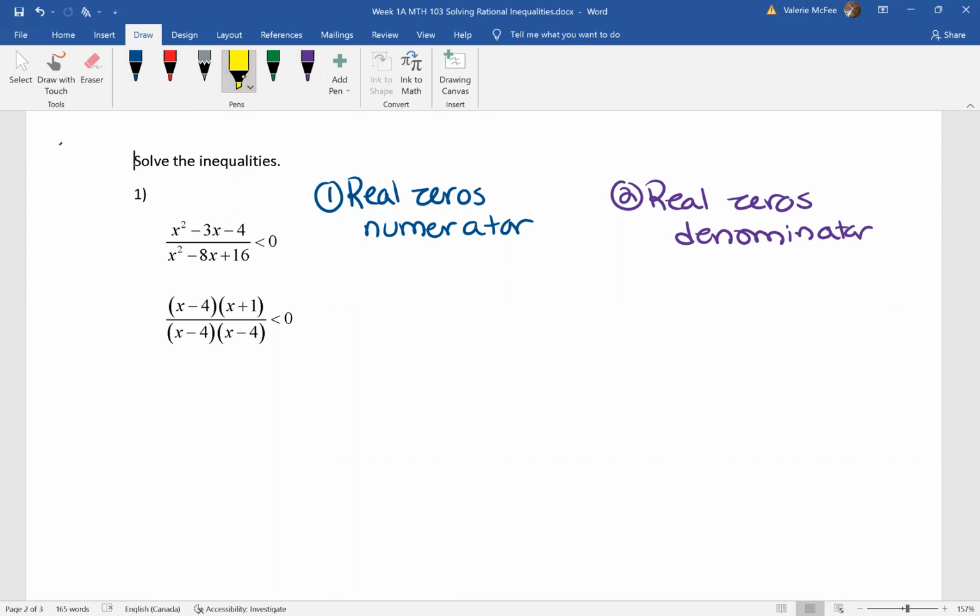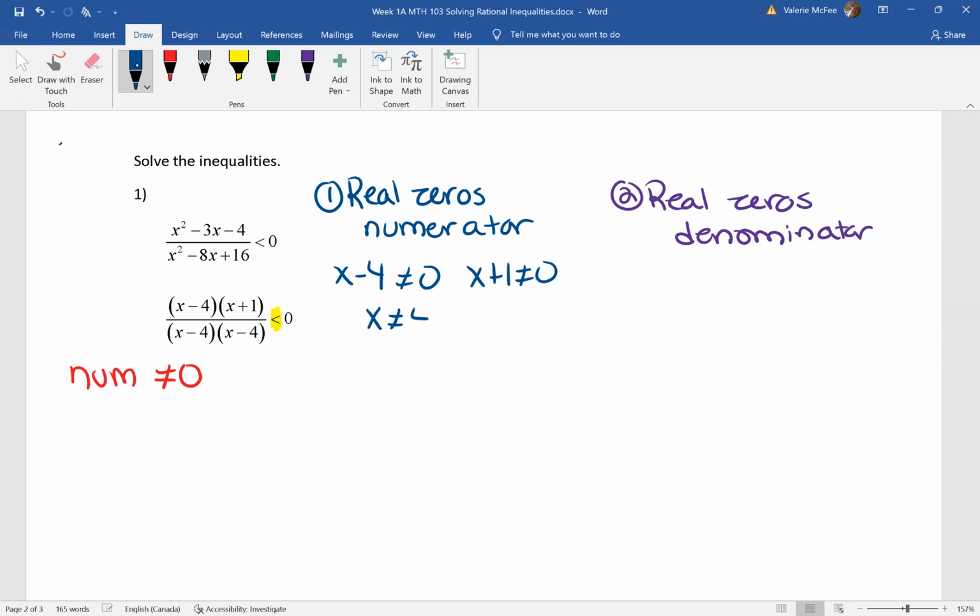Now, in this question, we see that we want our rational expression to be less than 0. This tells me that the numerator cannot equal 0. If the numerator equals 0, then my expression will equal 0. So when I go to find my real zeros, I know that x minus 4 cannot equal 0 and x plus 1 cannot equal 0.